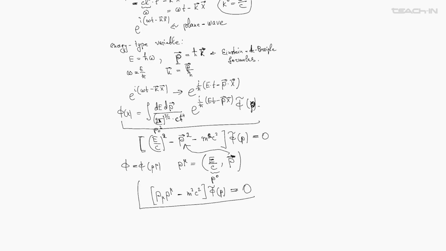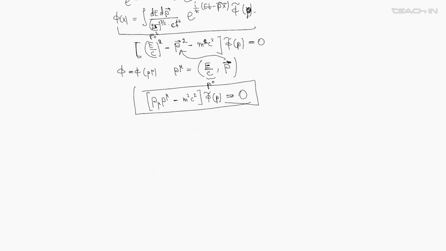And here you might think that this equation is in a way trivial. It has only the trivial solution, phi tilde of p equal to 0, because you might think that you can just cancel this prefactor, and then you get phi tilde of p equal to 0.